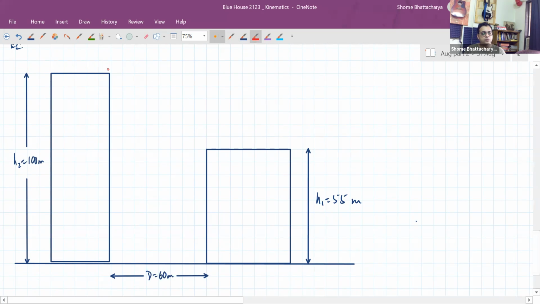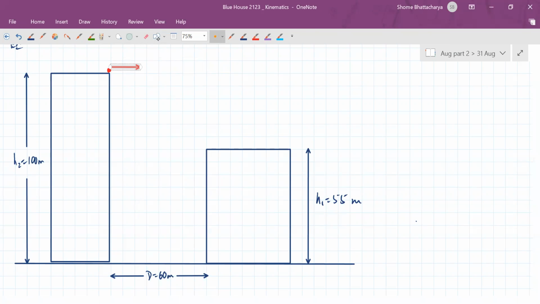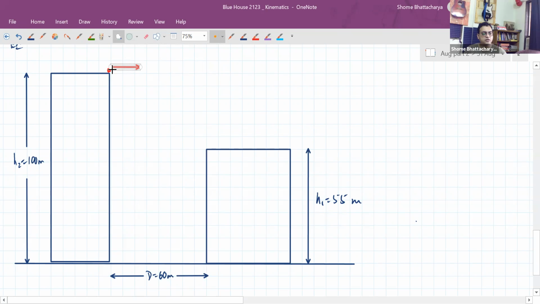Now we want to project an object horizontally from this point. What should be the minimum projection velocity so that it lands on this other building instead of landing on the ground below?